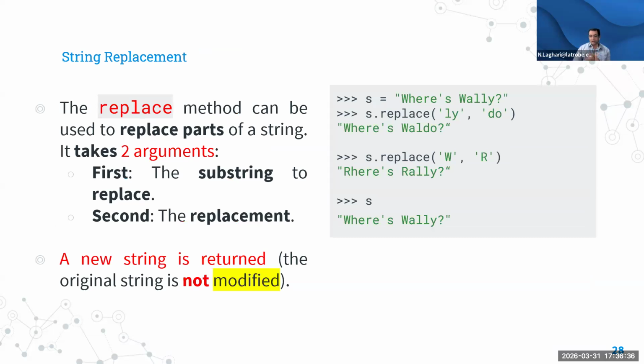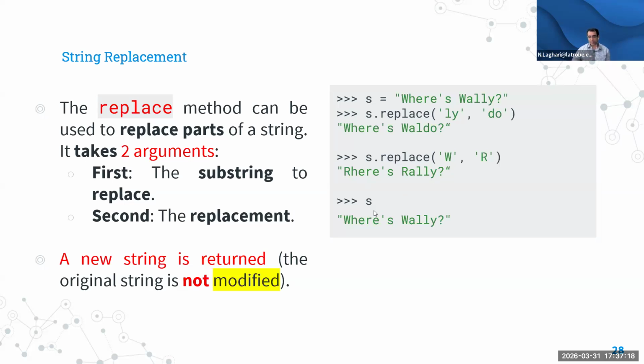Okay, so we can replace parts of our strings with some substrings. So we say replace in the string, if you find ly with do, so where is Wally becomes where is Waldo. Or replace W with R, and it says that raise is Raleigh, and it is case sensitive again. And remember that this is not going to change the actual string.